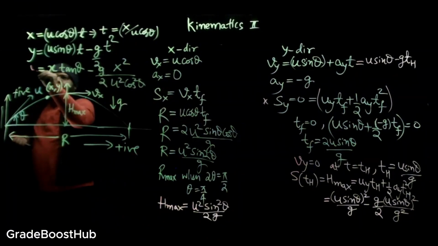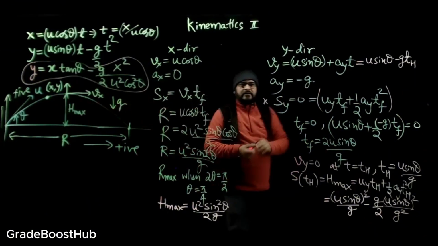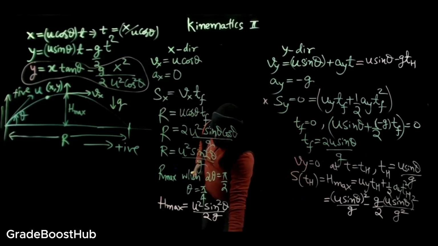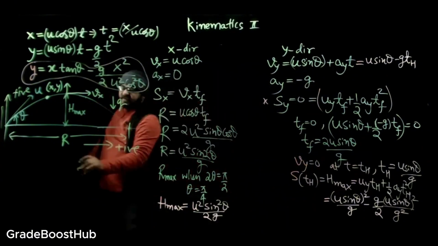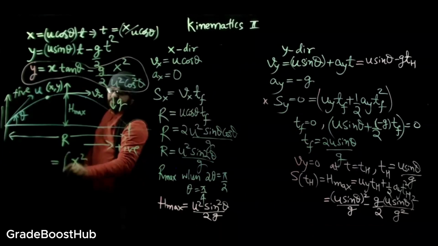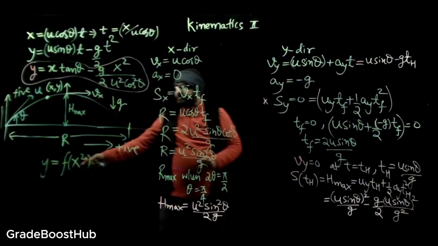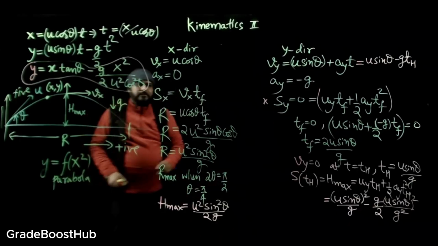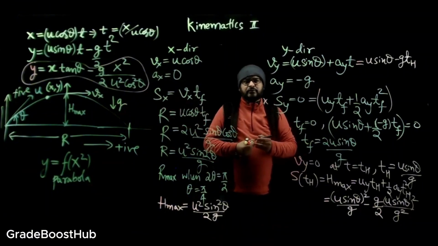So our equation of this curve will be given by this equation. Does this equation seem familiar to you? Please don't be worried about equations. If you just know them, it's easy to recognize. It has a term x square, something like y is equal to a function of x square. Now this is a parabola. Very well. So now we understand everything about projectile motion.